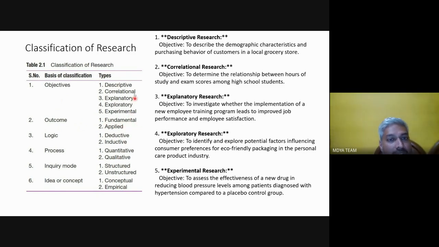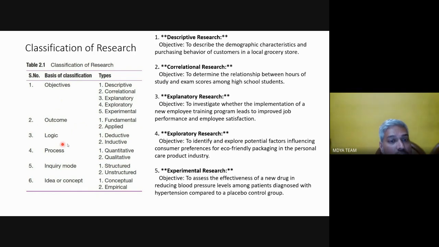In fundamental, all these types may come, and in applied, these types may come, but on the basis of classification, first your purpose is there. According to your purpose, you decide what type your research is, and on the outcome you decide which category it falls in, fundamental or applied.